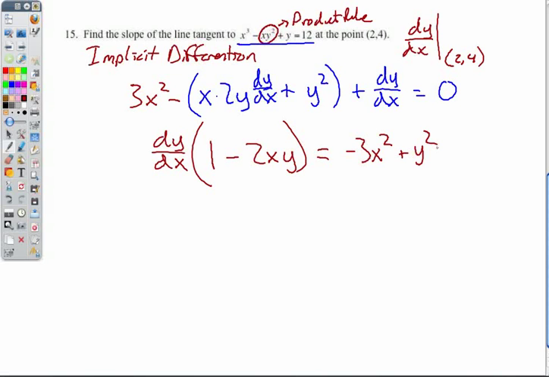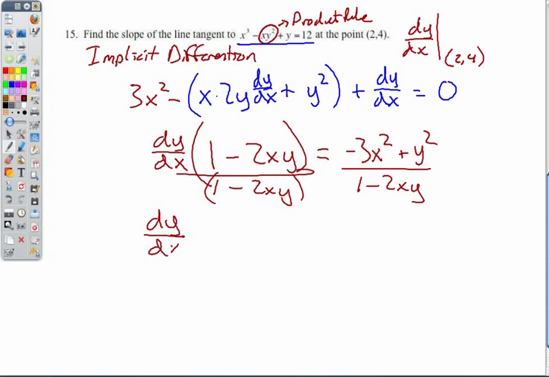Now to solve for dy/dx, all we have to do is divide out by the 1 minus 2xy. So dy/dx, our derivative, is equal to negative 3x squared plus y squared, all over 1 minus 2xy.